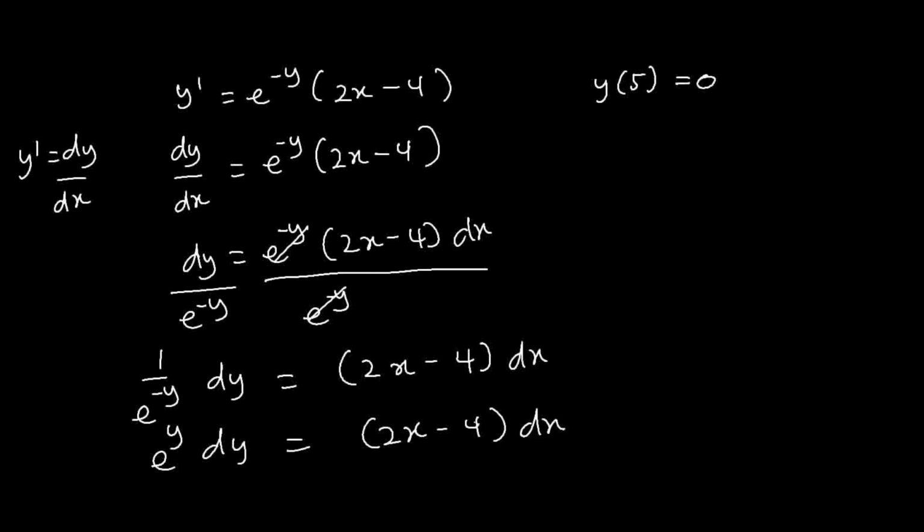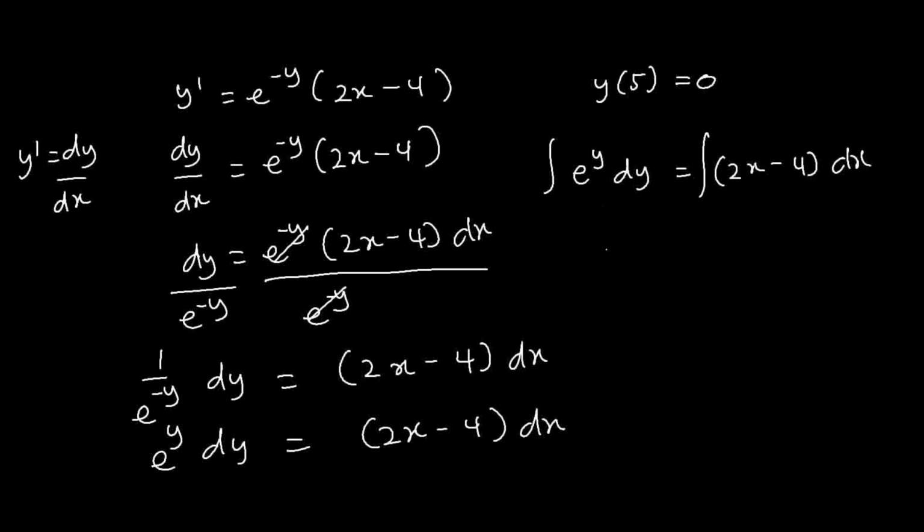Okay, so now we have separated the variables. So what we have to do is to integrate in order to get rid of the derivative. Then that will give us our general solution. So you have e to the power y dy equals 2x minus 4 dx. So we are going to integrate both sides.